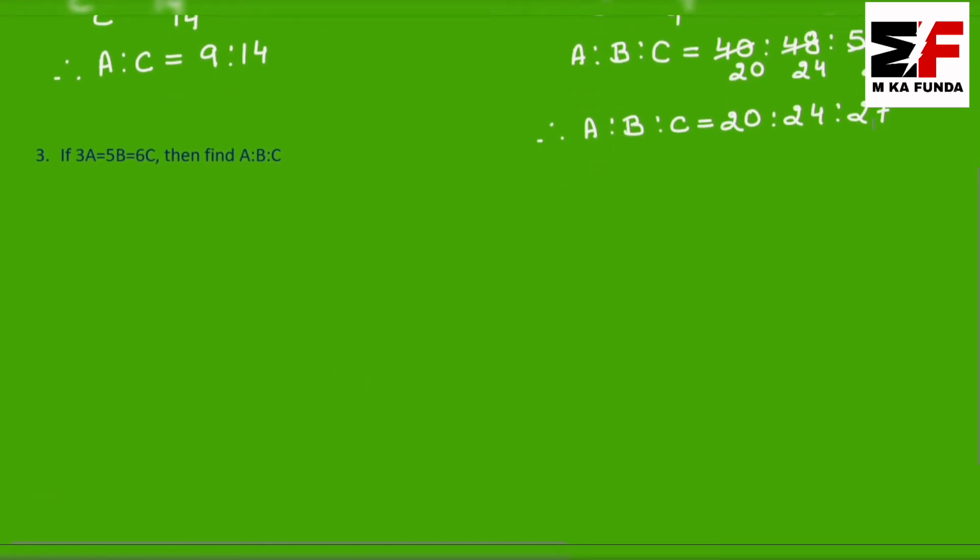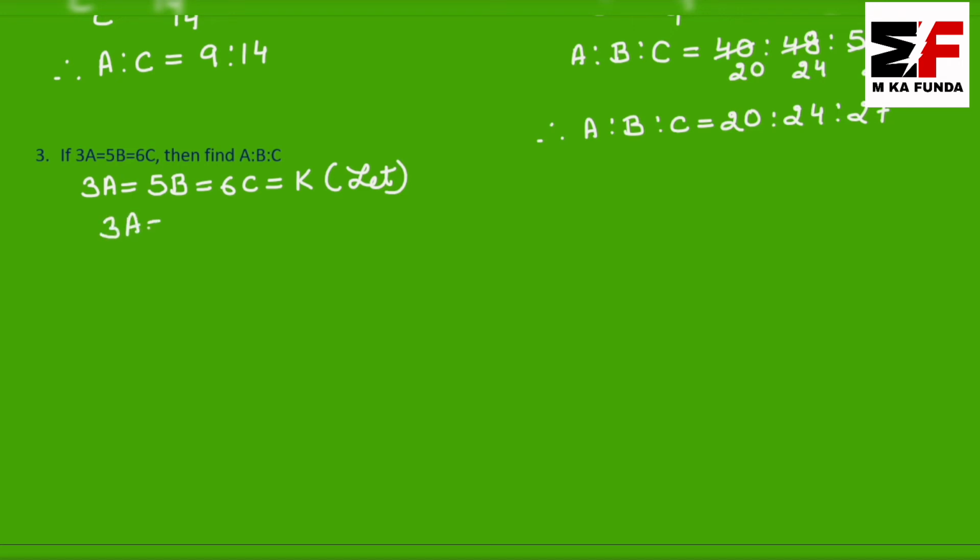Now we are moving on to question number 3. Question number 3 says, if 3A is equal to 5B is equal to 6C, then find the value of A is to B is to C. So we will write 3a equals 5b equals 6c is equal to k, where k is a constant, we assume it. So, in linear equation you have done like this.